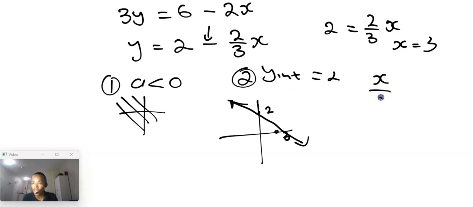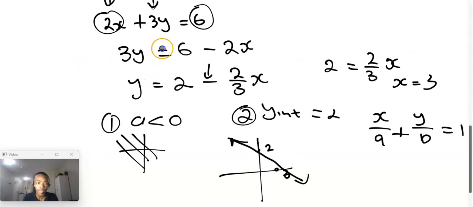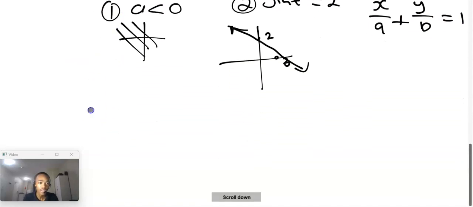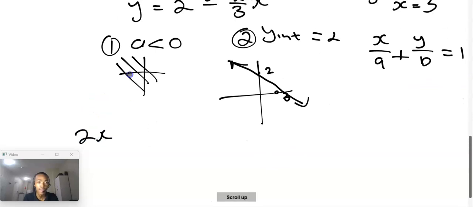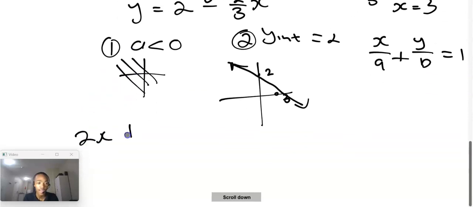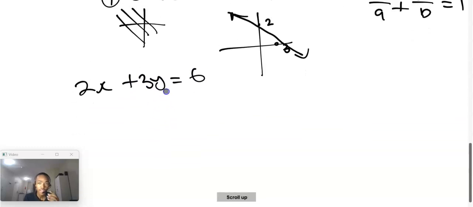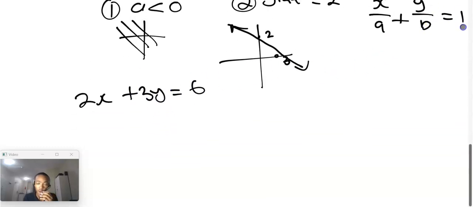Now the other way of doing this is to use this formula here, x over a plus y over b should be equal to 1. So let us just manipulate this function real quick. We have 2x plus 3y is equal to 6. We need a 1 on this side, so we divide by 6.